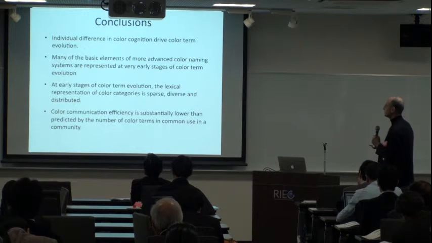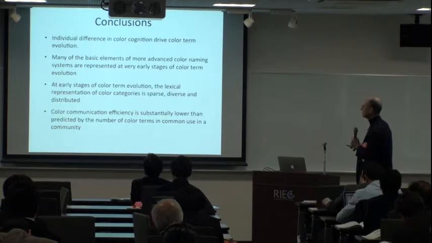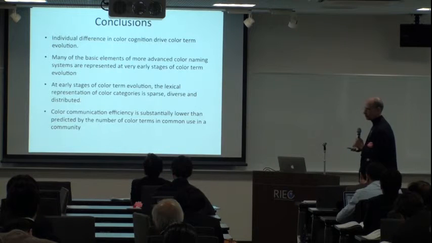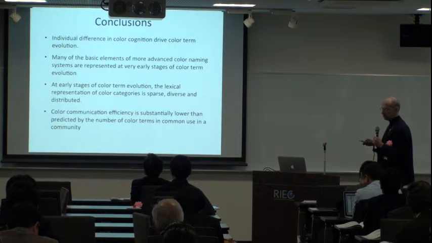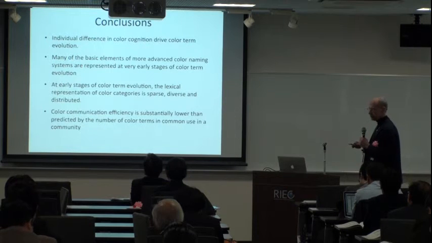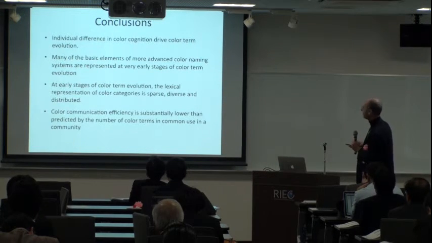We argue that many of the basic elements of more advanced color naming systems can be represented even at the very earliest stages of color term evolution. So these, if you will, species exist within the culture. What changes as color terms evolve, color terminology evolves over time, is the relative prevalences of these, if you will, memes that we can observe within the general population.